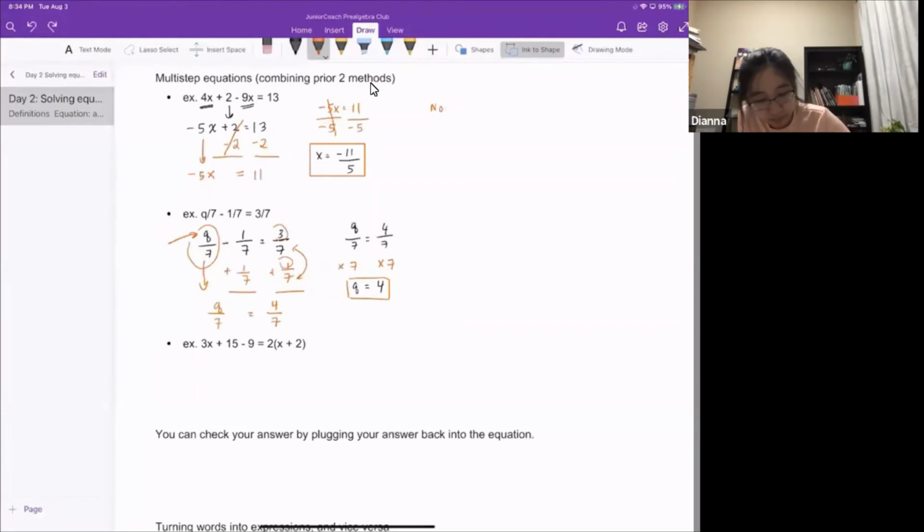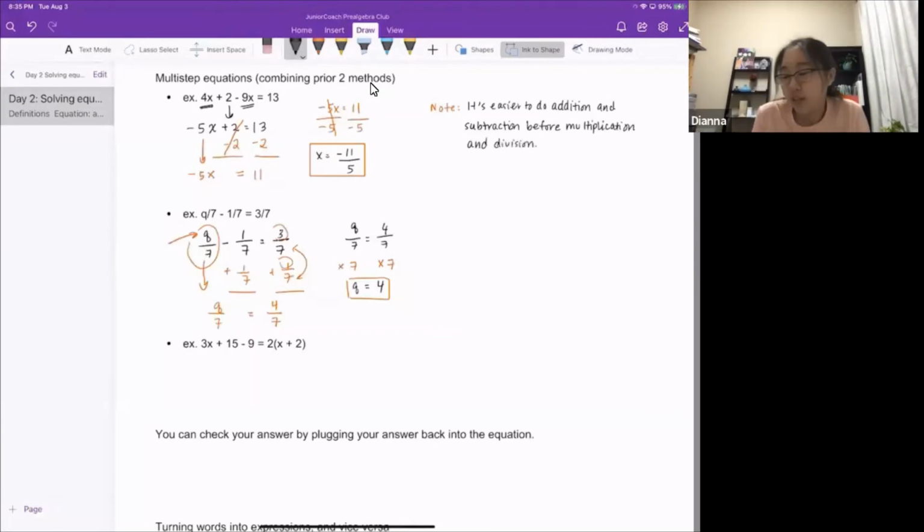So note, it's easier to do addition and subtraction before multiplication and division.